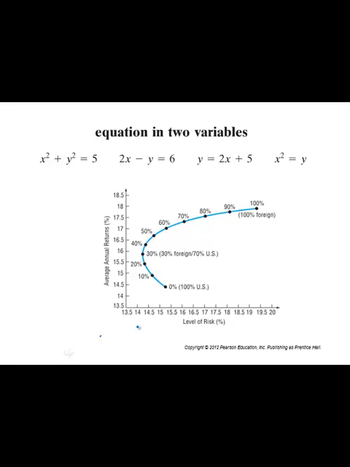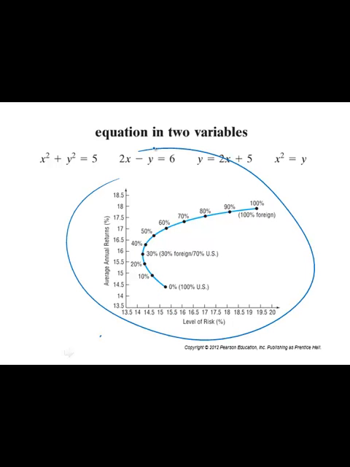This particular example really shows the relationship between risk and annual return for some sort of investment. Maybe it's a mix of stocks in a particular portfolio. Imagine the level of risk versus the return rate according to the different balance between U.S. stocks versus foreign stocks.